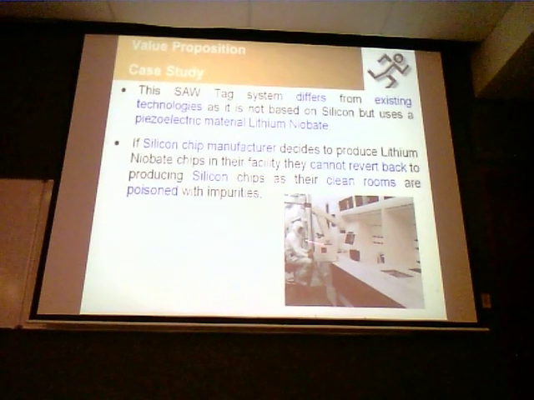But if they convert their clean rooms and build one lithium niobate chip in that clean room, the clean room's wiped out. You poison the whole factory. You can never make another silicon chip in that factory. So you had to have a very strong value proposition on how this thing would solve a problem to guarantee those factories in Malaysia volume supply agreements.